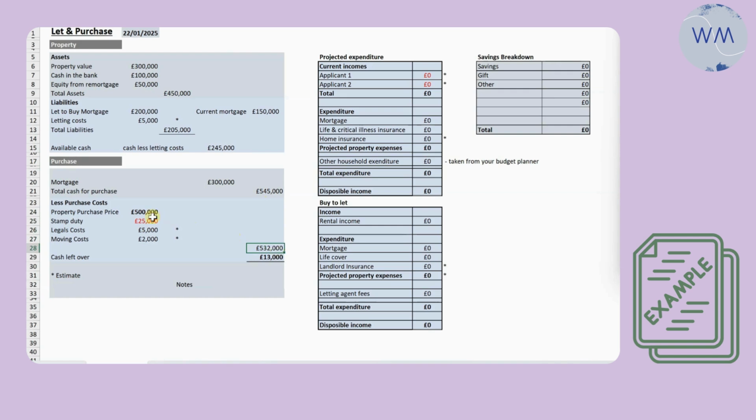In order to achieve those, we need to borrow an extra £300,000, which brings your total available cash plus mortgage to £545,000, money to play with. You can then afford to buy the property, spend the money on costs, and you even have £13,000 left over that you can enjoy, you can spend on the property, or you can save.